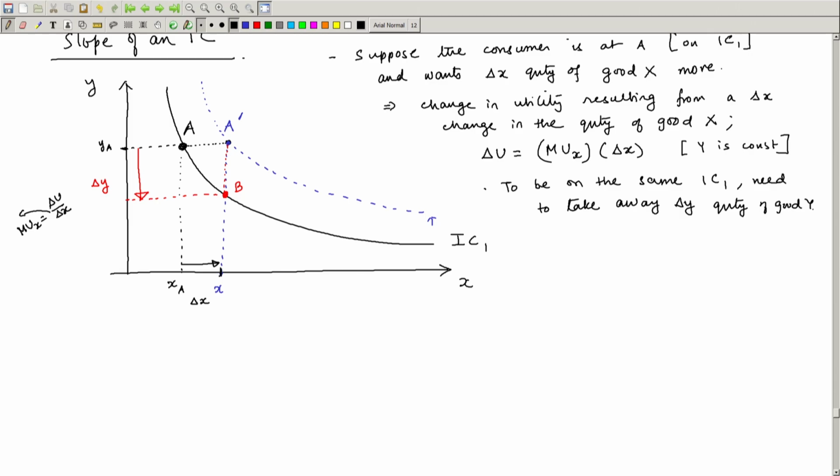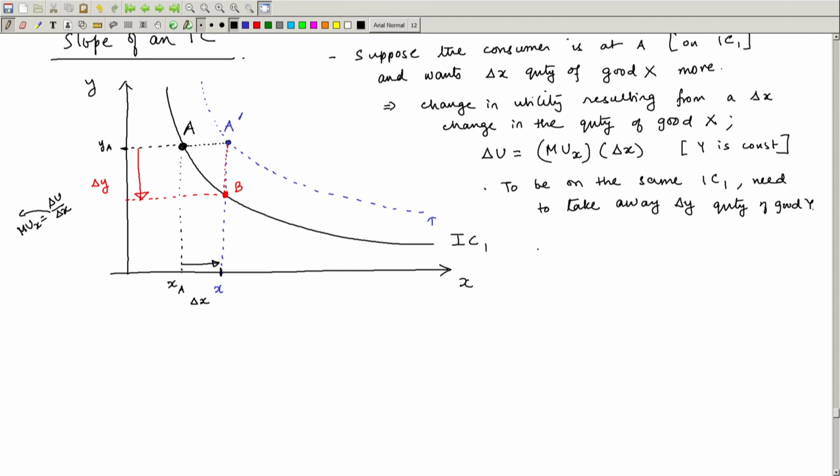I have not altered the quantity of good x at all, right. So, from A prime to B, the consumer's utility is going to decrease, and the reason the utility has decreased is because I have taken away some quantity of good y, keeping the quantity of good x the same.